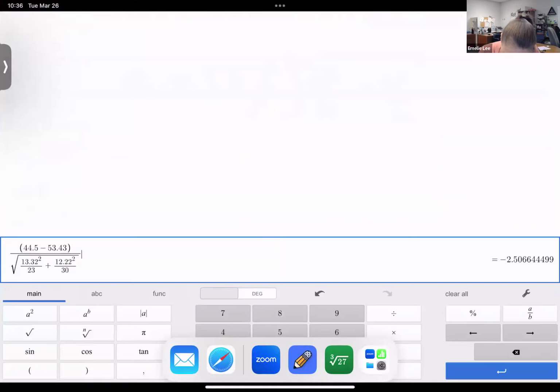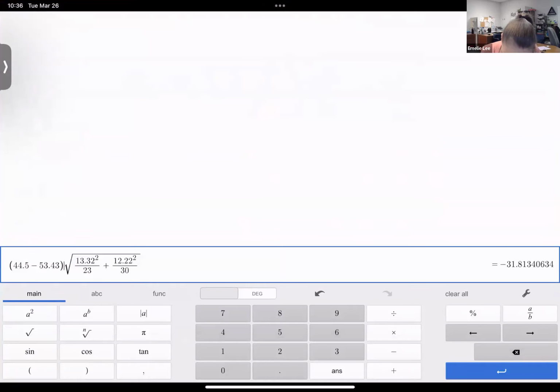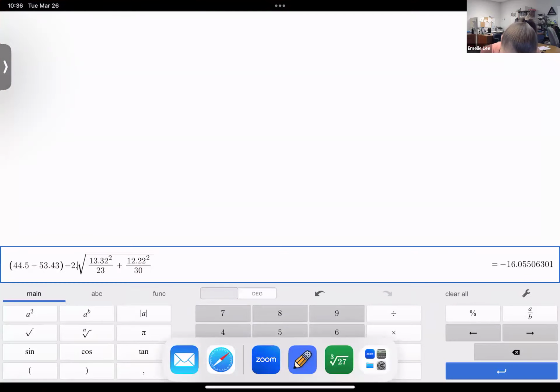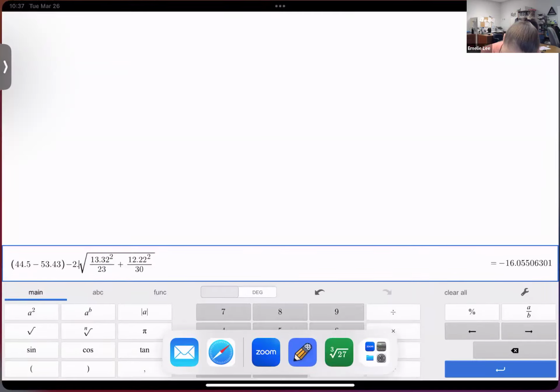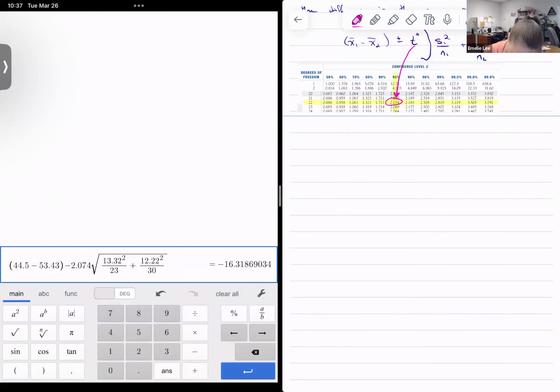Can I copy this? Minus 2.074, I think. Yeah. 0.74 times that.